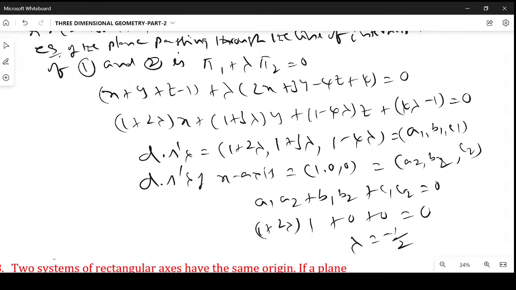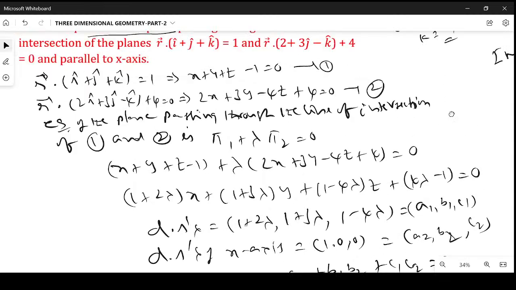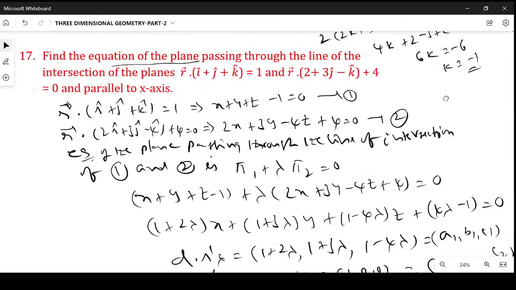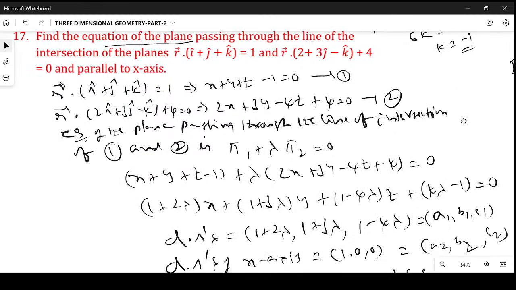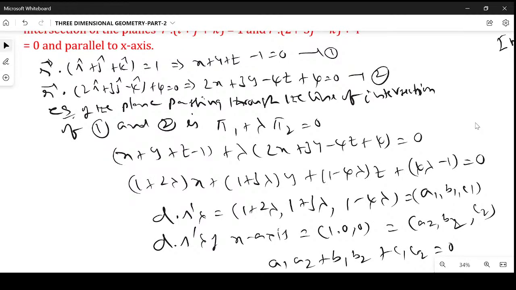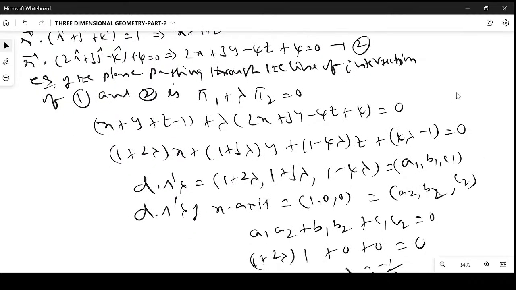Replace lambda equal to minus 1 by 2, then we get the required equation of the plane. They are asking: find the equation of the plane through the intersection of the planes and parallel to the x-axis. We got the lambda value, so I can substitute lambda in equation 3.